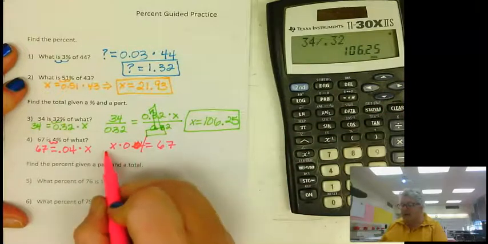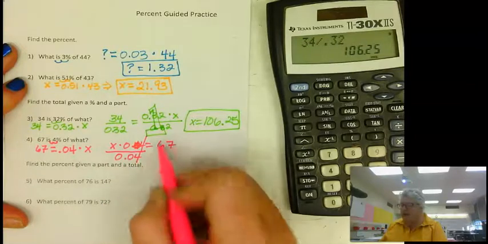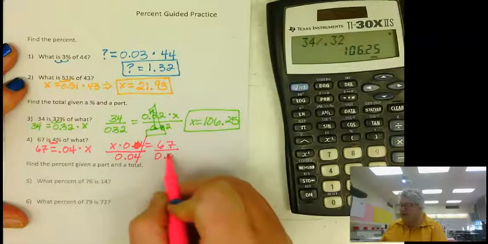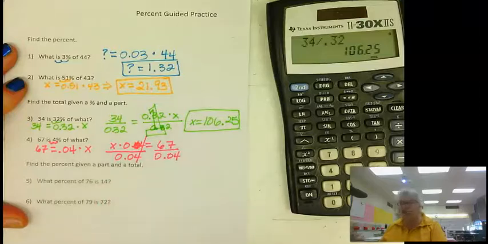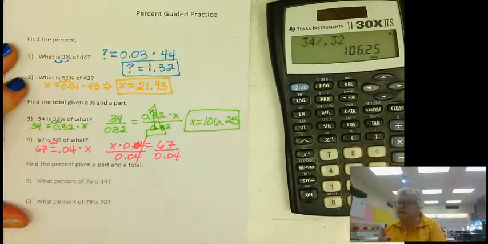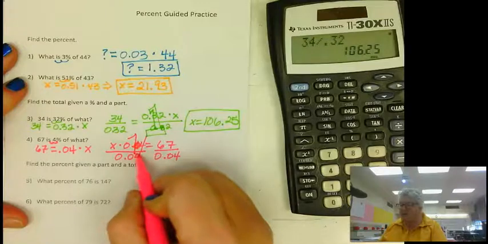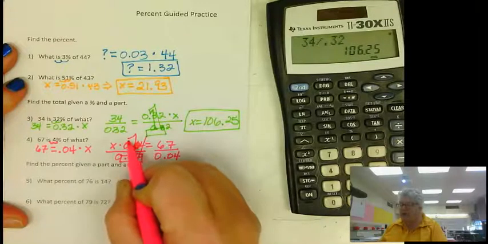Now, because it's times, we're going to divide. And then this one we're also going to divide. Because remember, fractions are just a division problem. That fraction bar still means divide by. So these are going to give you one whole big giant 1.